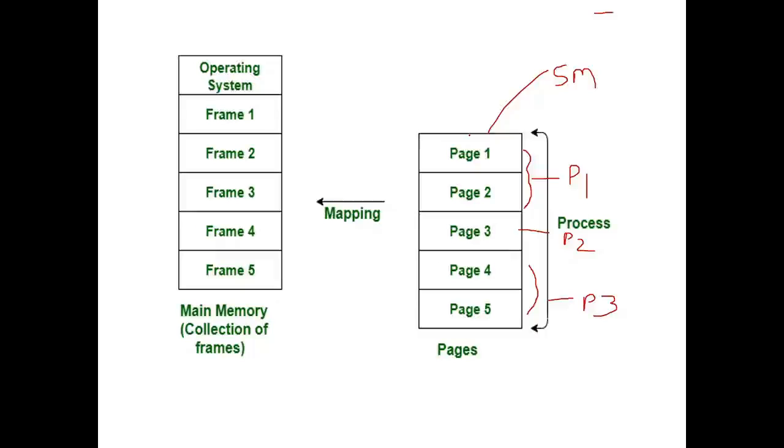Now suppose P1 has to be executed, then these two pages have to be brought up to the main memory for execution, and they can be placed anywhere, whichever frame is empty, like page 1 and page 2.